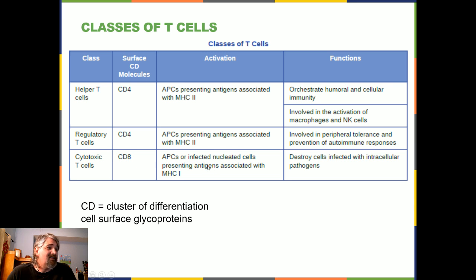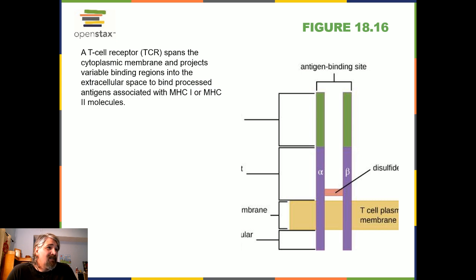And cytotoxic T cells can be activated by APCs or infected cells, MHC class 1 presenting cells. And of course, their function is to destroy cells infected with intracellular pathogens. The T cell receptor, TCR, spans the cytoplasmic membrane and projects variable binding regions into the extracellular space to bind processed antigens associated with class 1 or class 2, CD4, CD8, CD4.